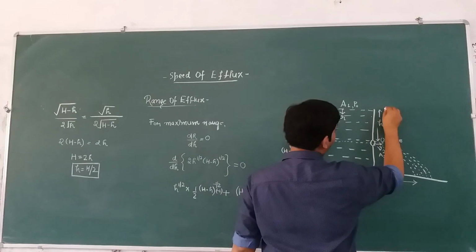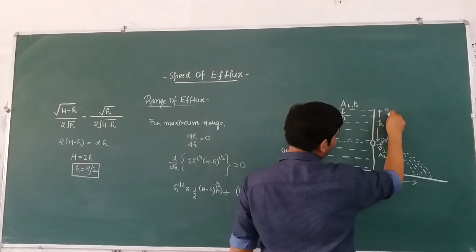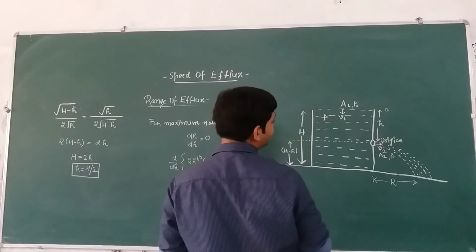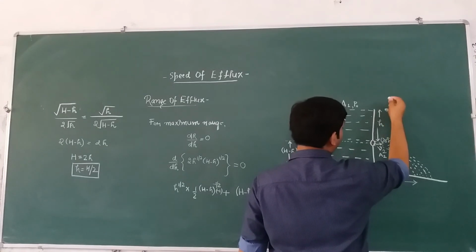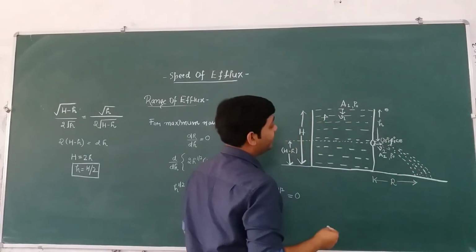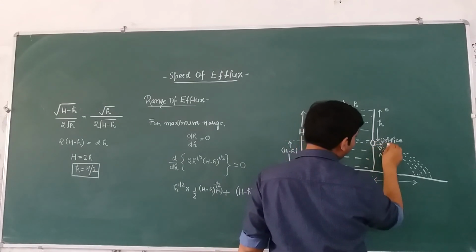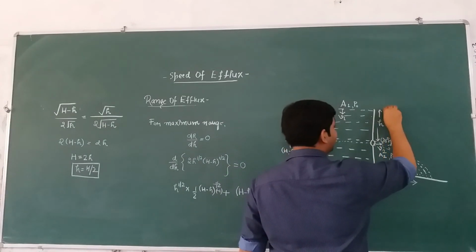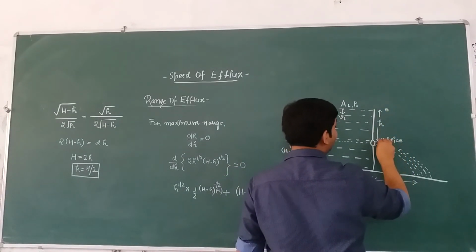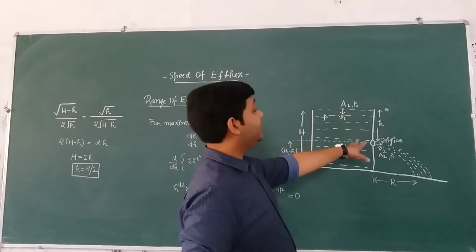So what does Torricelli's theorem state? That if you take any particle, suppose any drop of water at the same height in the horizontal level of the upper surface of liquid, and if you allow this water drop to fall freely, the velocity of the efflux will be equal to the velocity that is gained by this water drop when it covers height h in air.